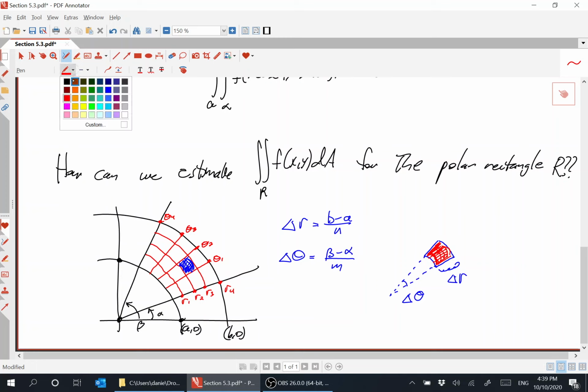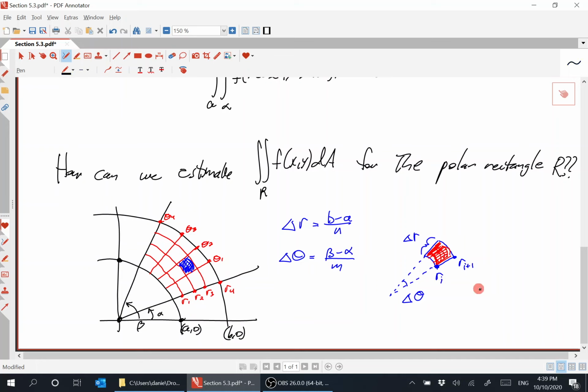Well, this is going to be the bit of the sector of the circle at r i plus 1, and the difference between the two is delta r.